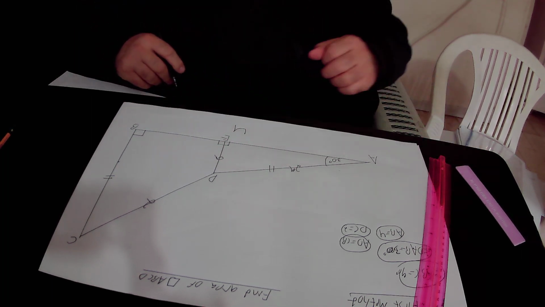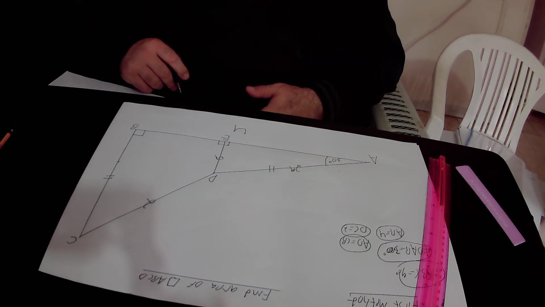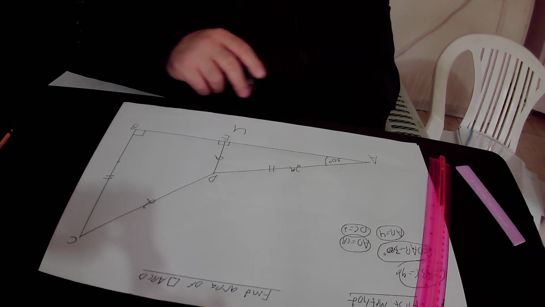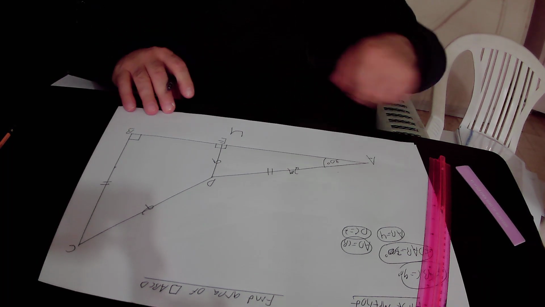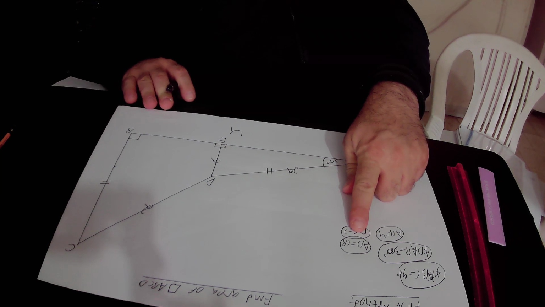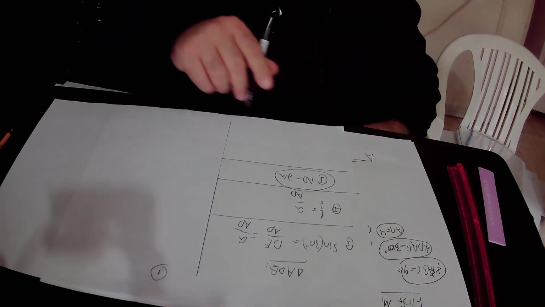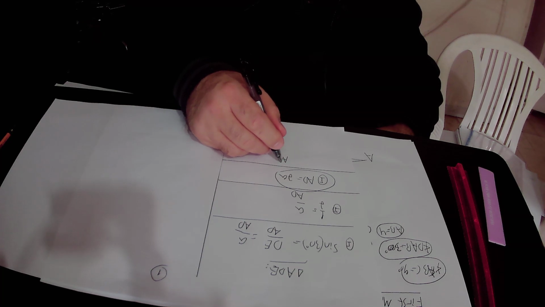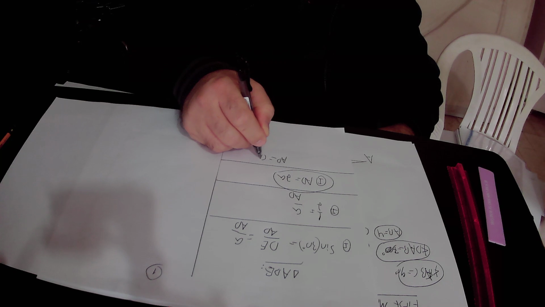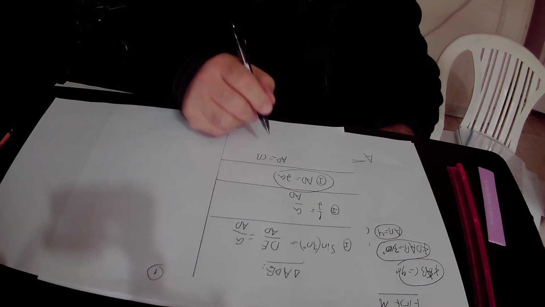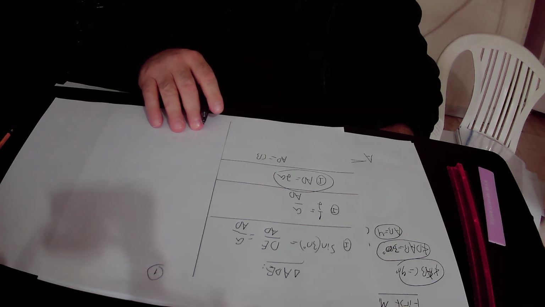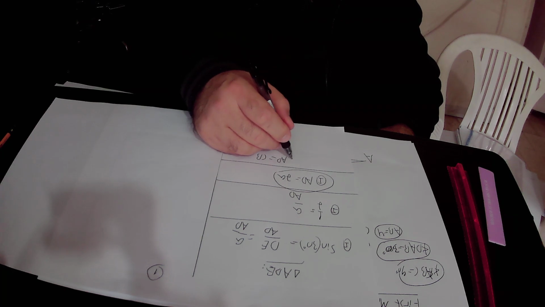But we know that AD equals BC according to what is given in the question, and we found out that AD equals 2A.